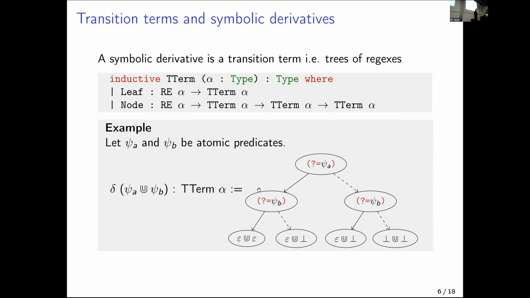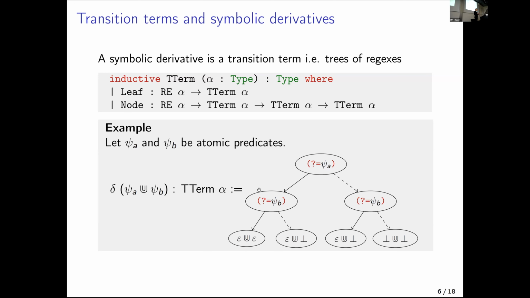So if we have two atomic predicates corresponding to the singleton letters, and we take their disjunction or their union, taking the symbolic derivative of this expression will produce the following tree, where the nodes are, in this case, look-aheads containing the predicates, and the leaves intuitively correspond to all the potential next states that the derivative function can take you to.